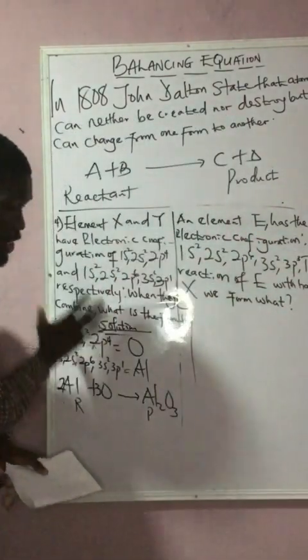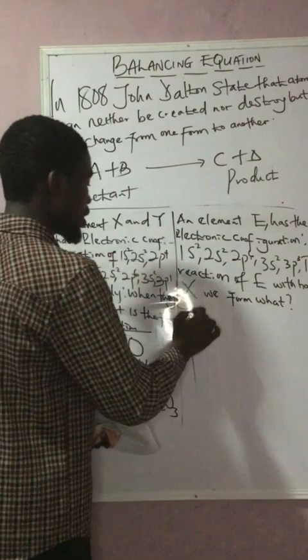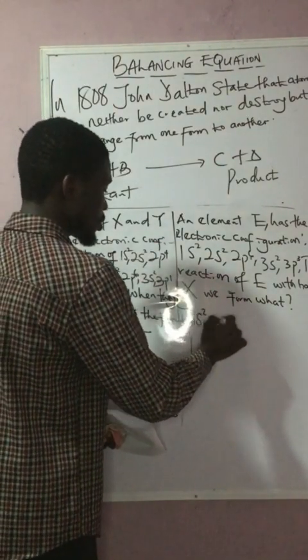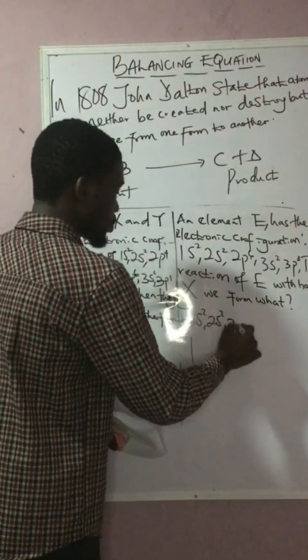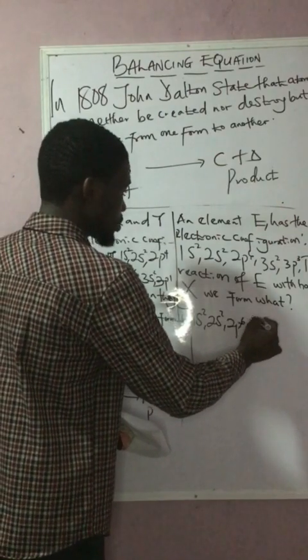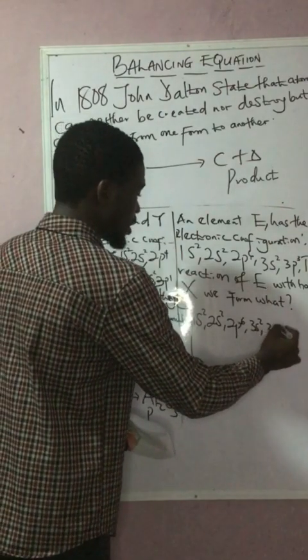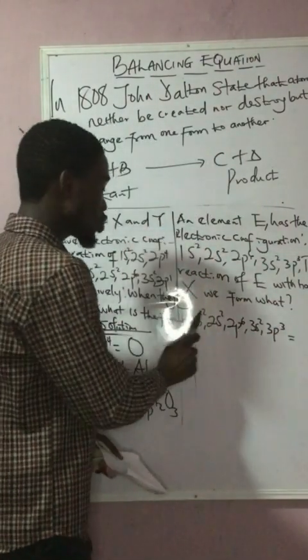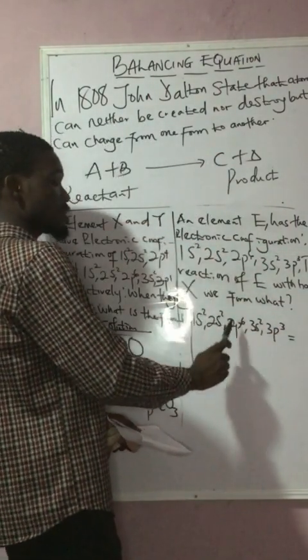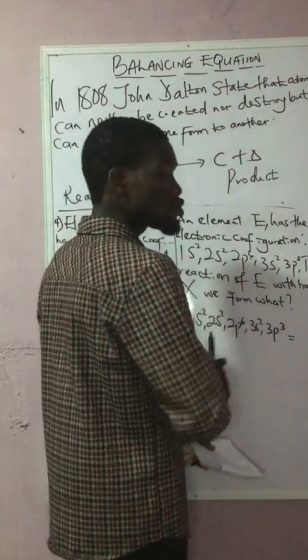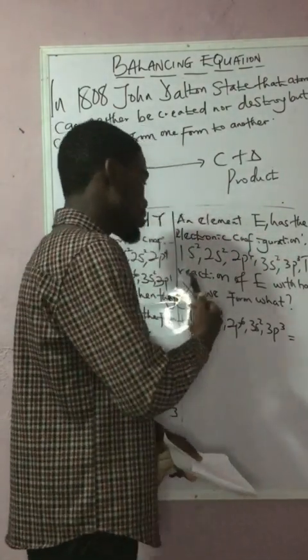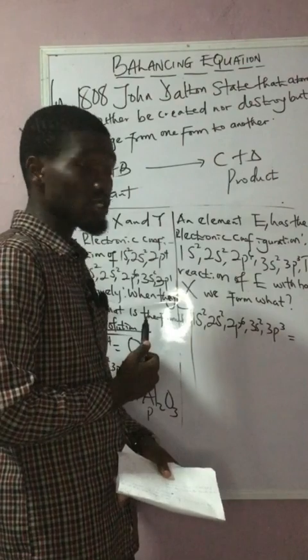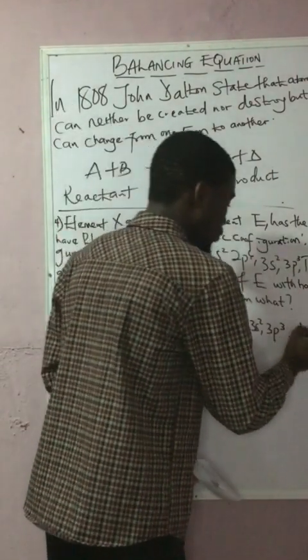So that's the same way we solve this. Let's add and look at the element with that number. 2 plus 2 is 4, plus 6 is 10, plus 2 is 12, plus 3 is 15, which is phosphorus.